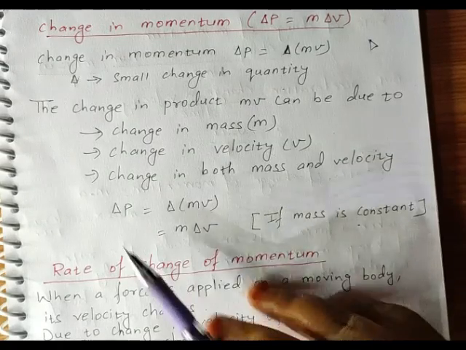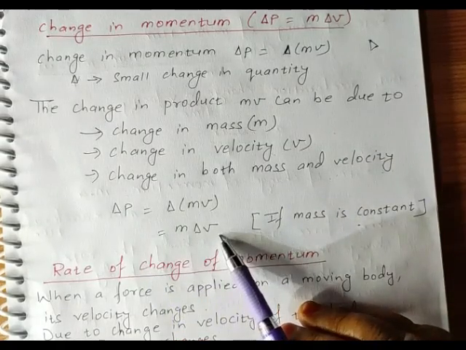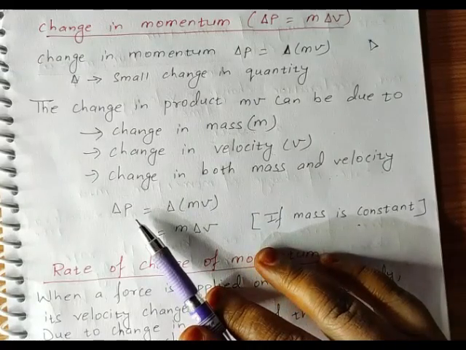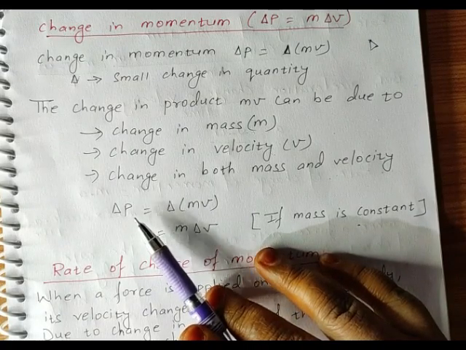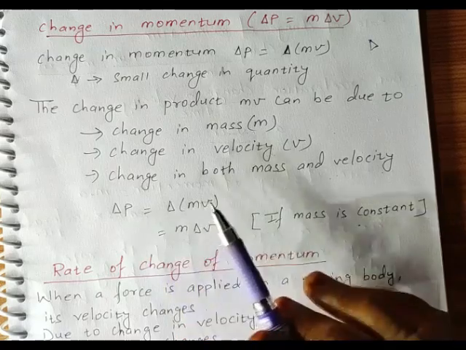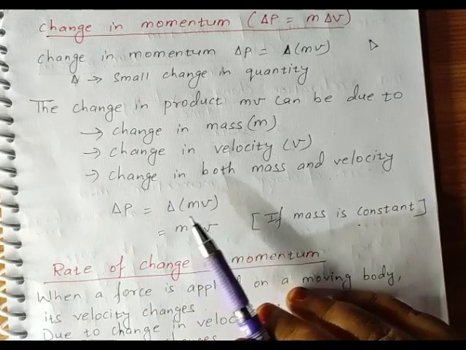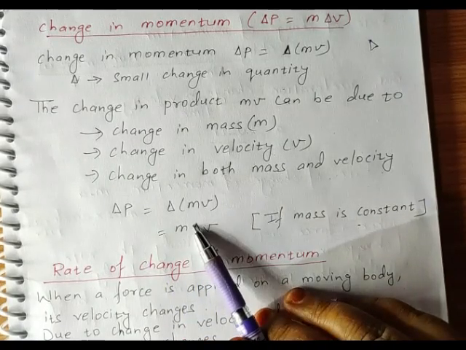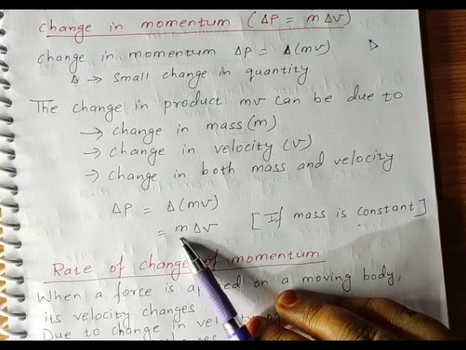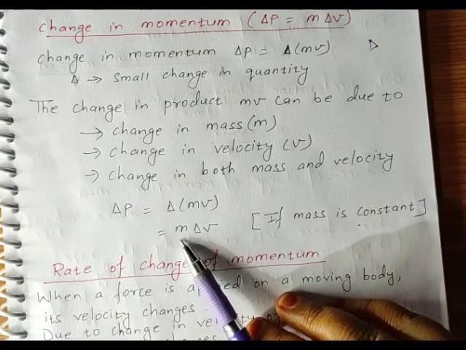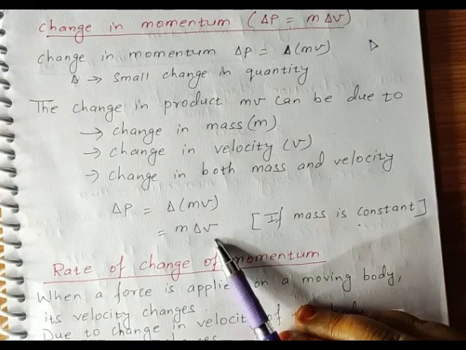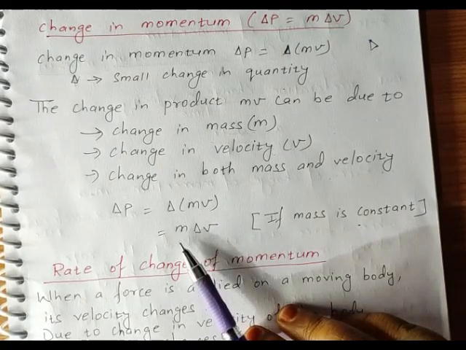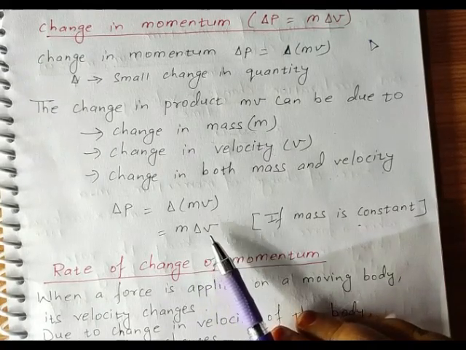Velocity is changing, then only momentum changes. If both are constant, then momentum can't change, no? Momentum is changing means either mass is changing or velocity is changing or both are changing. Suppose mass is constant, then of course velocity is changing. Then how to write? m delta v.